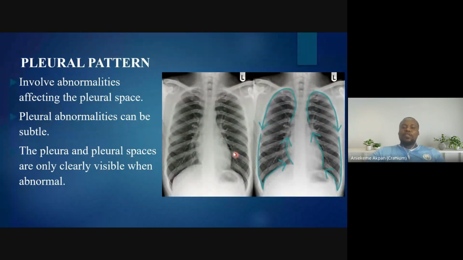Because this is just a space, and the heart is what is filling most of this space. And just like any other part of the body, when there is an increased volume in a particular body part, it tends to take up most of the space of that area. Let me give you an instance. Let's say somebody that is starving, has not eaten for a while, and then you see this person sitting down to gulp maybe 6 cups of gari.